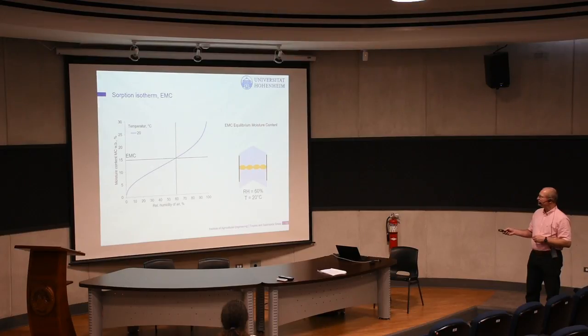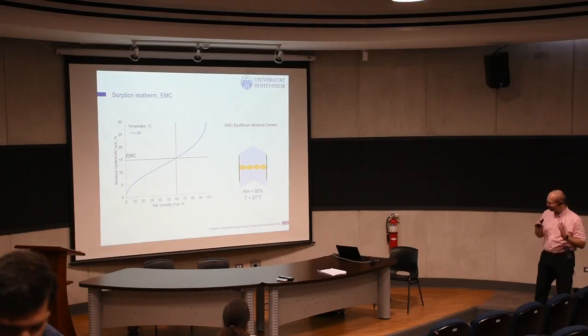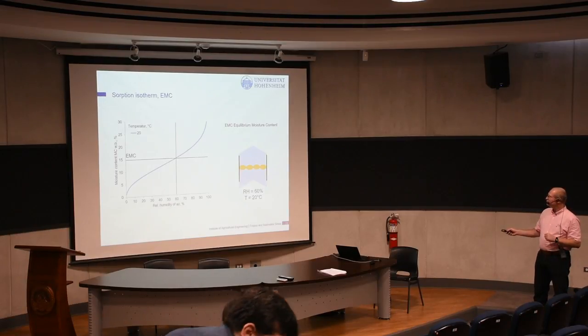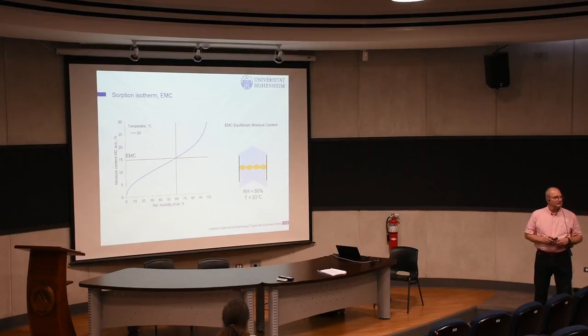Okay, now what is the equilibrium moisture content of a product? Imagine that we have here a simple dryer. Here is the grain, and here an airflow is pushed through it. This airflow might have a temperature of 20 degrees and 60%, ambient air in Germany.